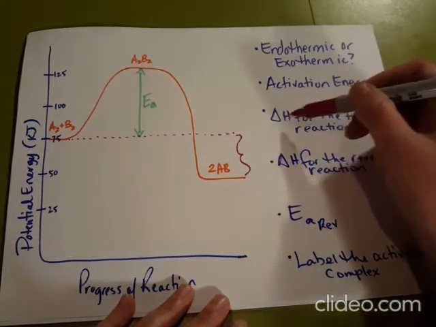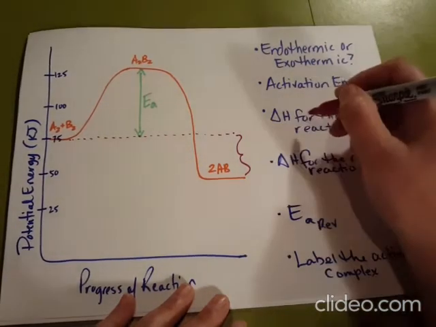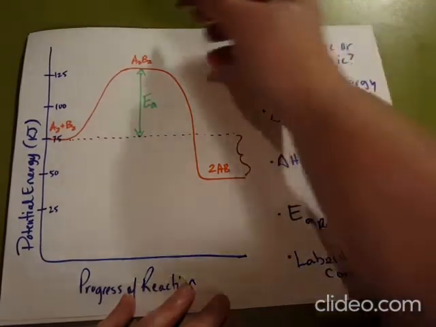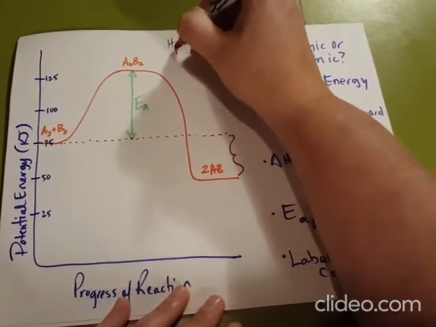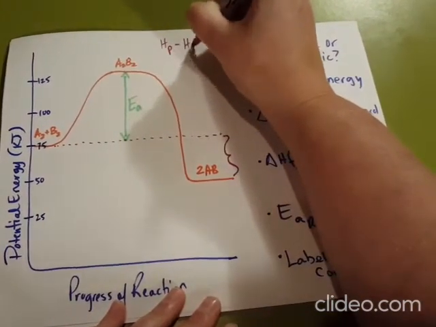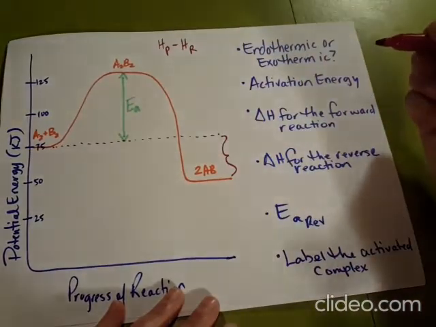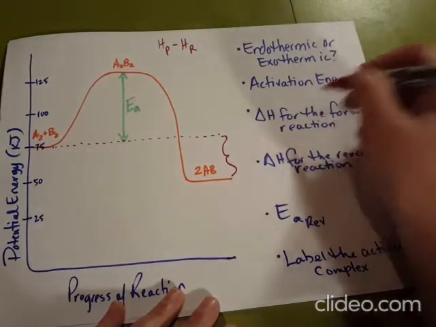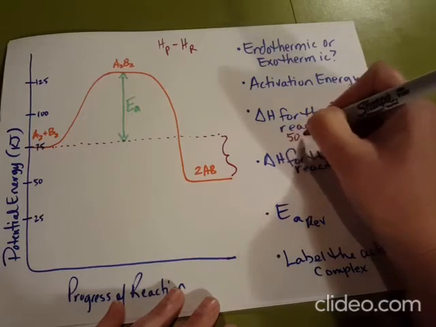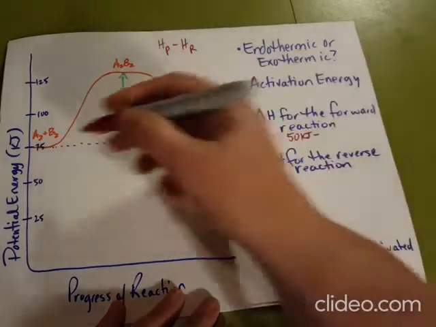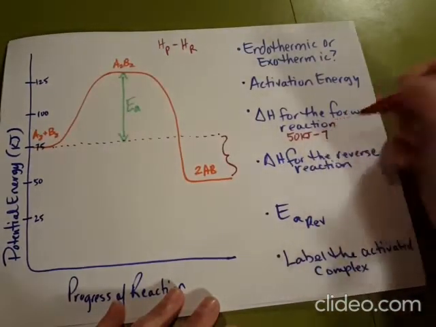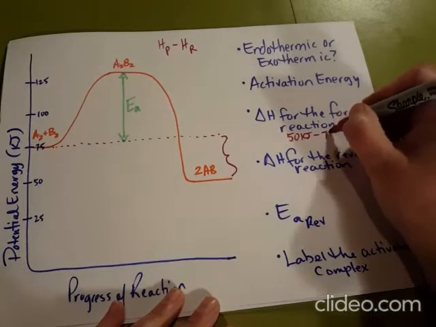And in order to calculate delta H, we're going to take the heat of the products minus the heat of the reactants. So the heat of the products in this case is 50 kilojoules minus the heat of the reactants, or the potential energy of the reactants.